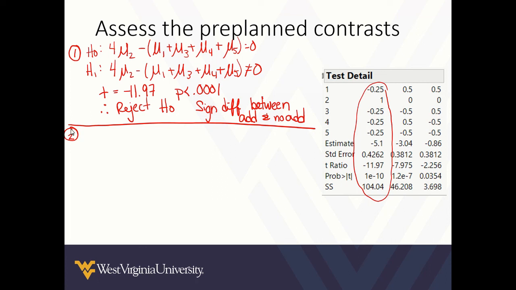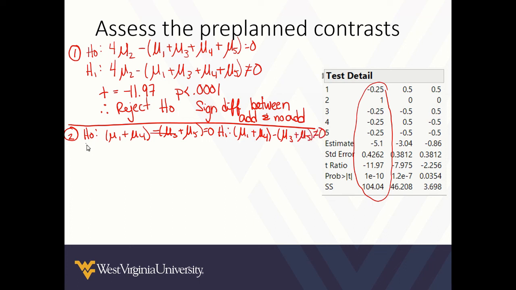All right, so our second one of interest, we had a contrast of our additive A versus additive B. And so this would have been mu1 plus mu4 minus mu3 plus mu5 equals 0 to the alternative of mu1 plus mu4 minus the quantity of mu3 plus mu5, which does not equal 0.